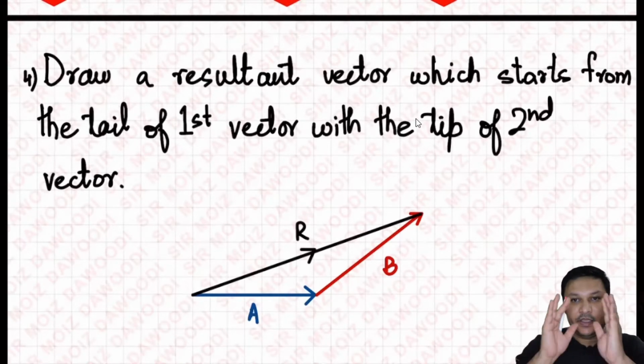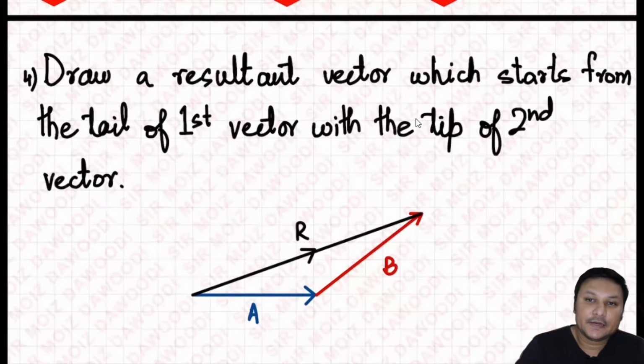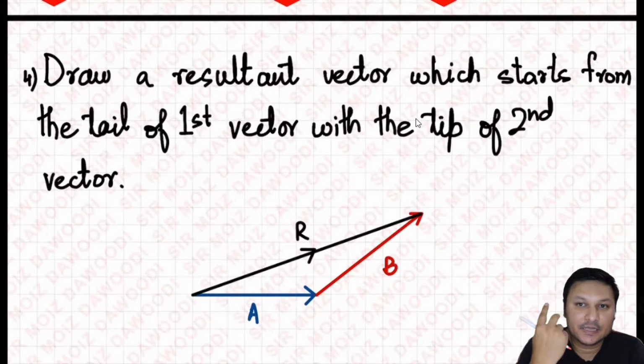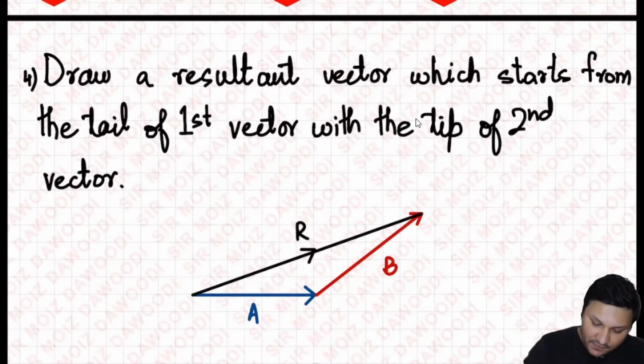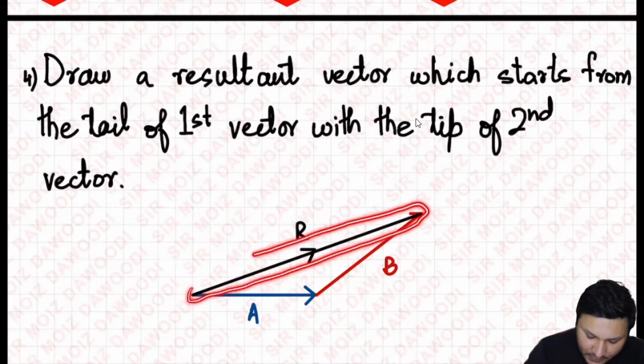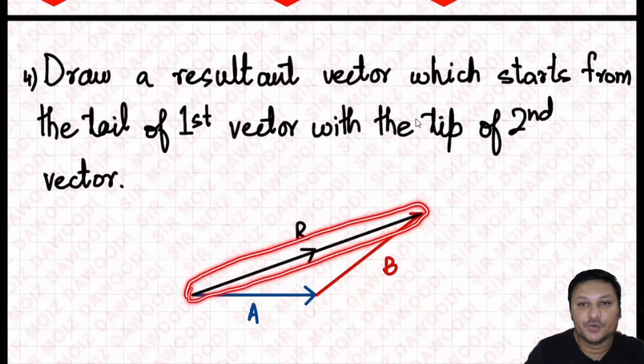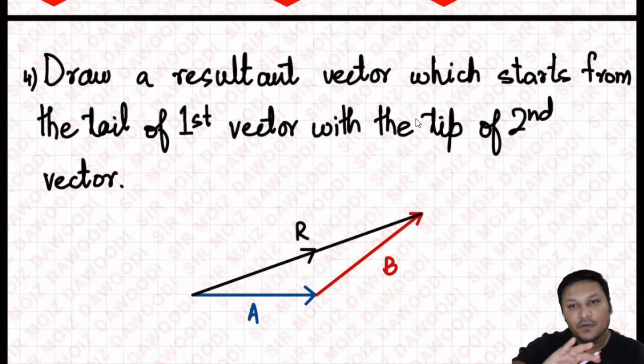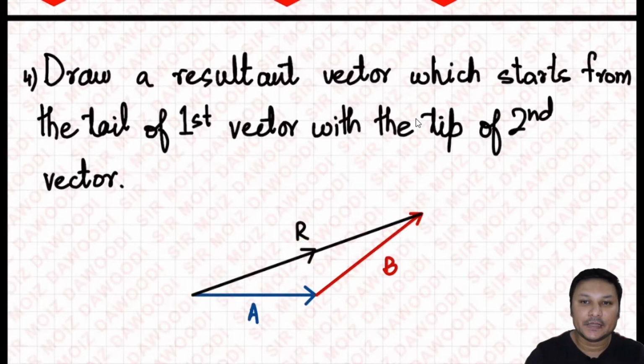Now, if you talk about vectors, vectors have at least two things. One, specific direction, and the other, magnitude. If I want to measure the magnitude of this resultant vector, I will measure the length of the vector using a proper ruler, and I will convert that length according to my scale into any vector quantity which is given in the question.